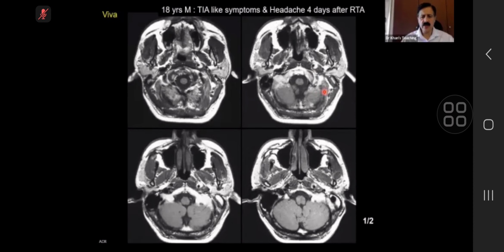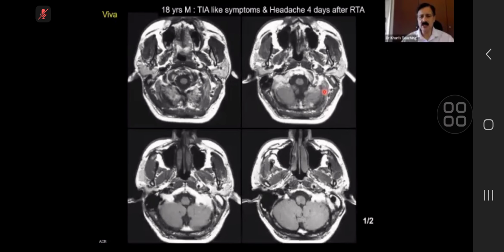So it all depends on the age of the dissection. If you remember the subacute hematoma, it occurs after about 4 days, which is high in signal intensity on T1. It might not be high in signal intensity if it is very early. Please remember that dissections, clinically speaking, can be evident as soon as they happen, but at times with delay.